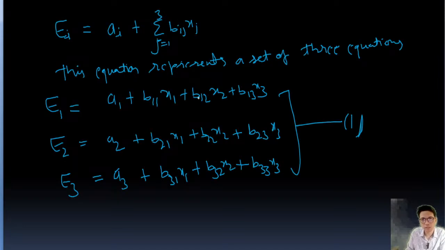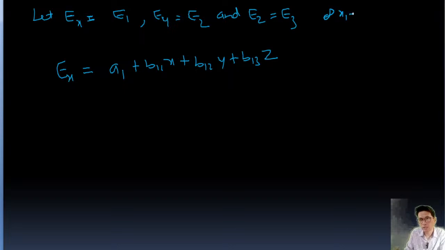We have just written this: E1 equal to Ex, E2 equal to Ey, E3 equal to Ez, and x1 equal to x, x2 equal to y, and x3 equal to z.